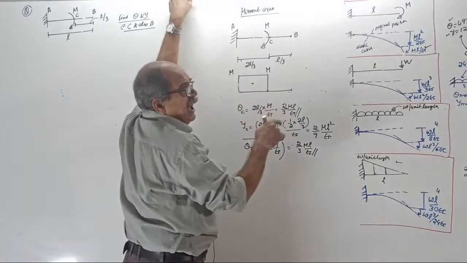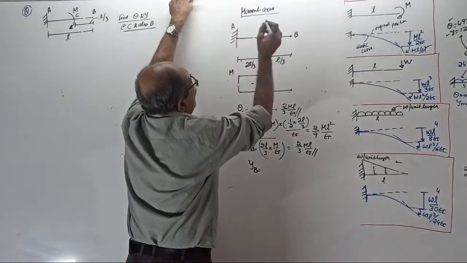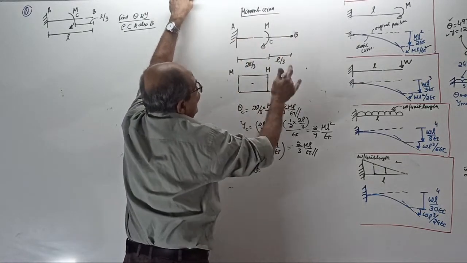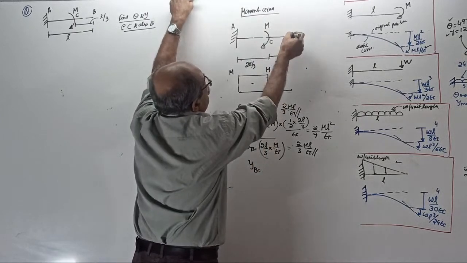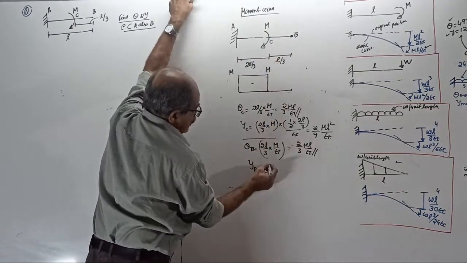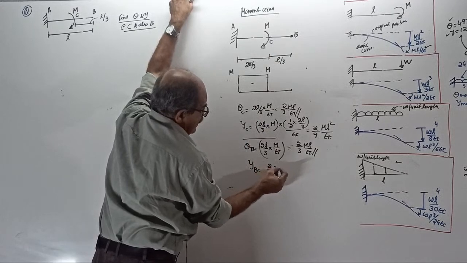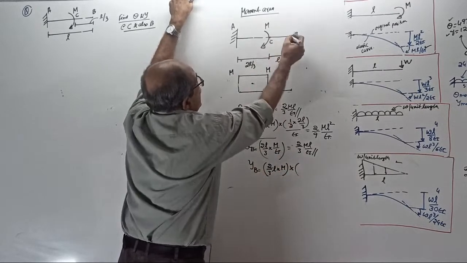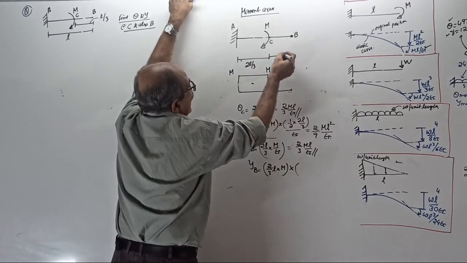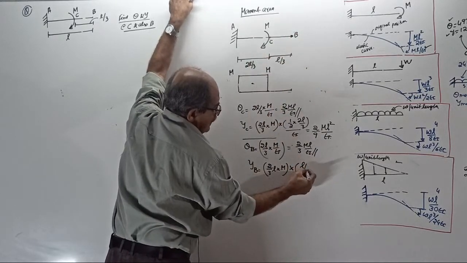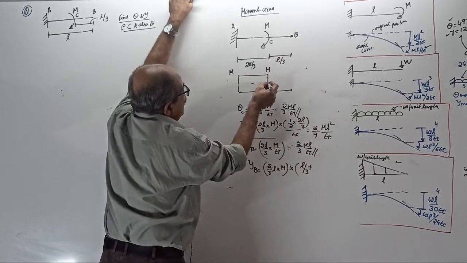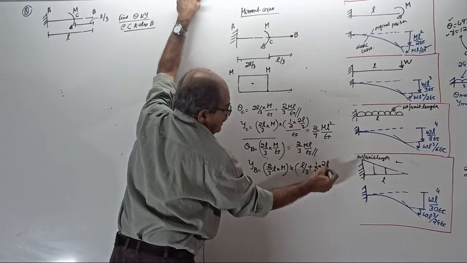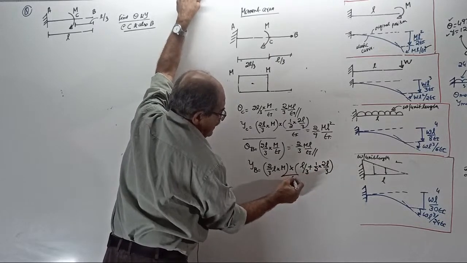Then deflection at B. Moment of the area of the BM by EI diagram from B up to A. That is this full area, but moment about B. So area is 2 by 3 L into M, into moment about B. How much? L by 3 plus, from here to here, half of 2L by 3, divided by EI.